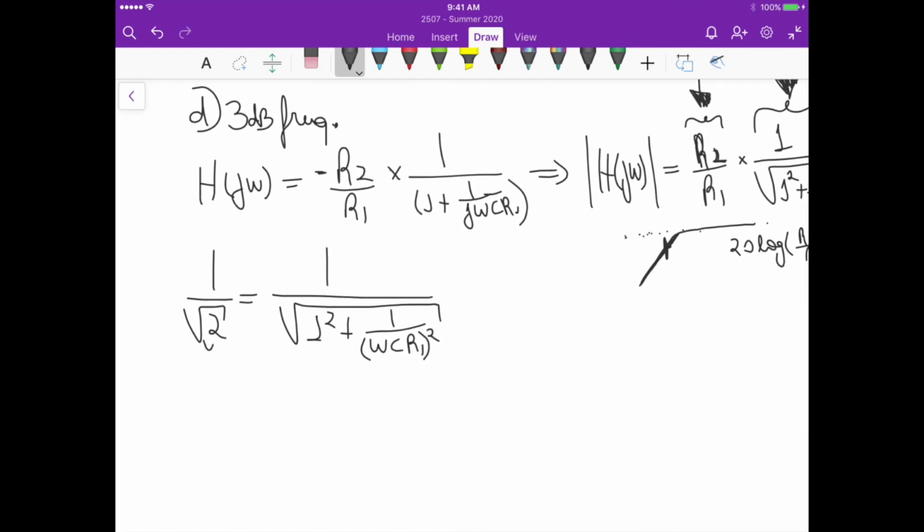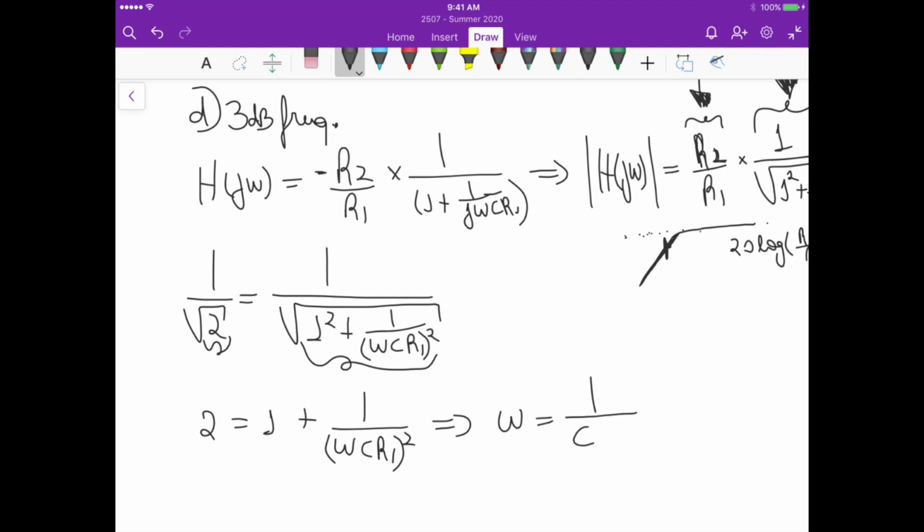So this means that this 2 here should be equal to this term here, which gives us 2 equals 1 plus (1 over omega C R1) squared, right? And this implies that omega equals 1 over C R1.